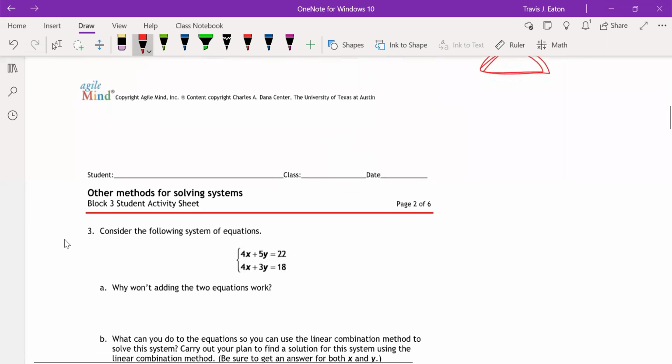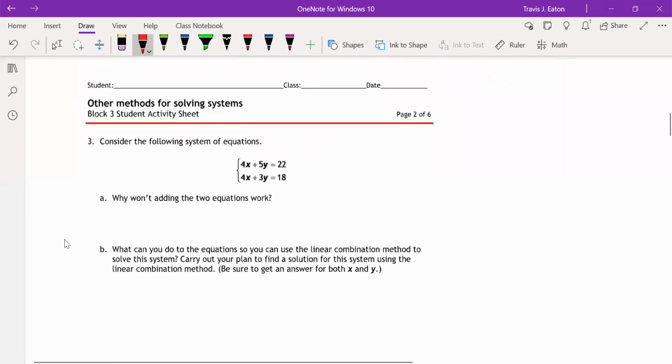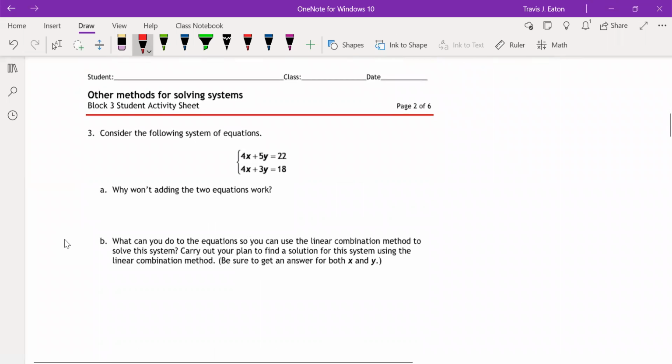All right, so now that takes us to question number 3, and we may have time to finish it before I run out of time, but we may not. But let's look at this system of equations right here. We have 4x plus 5y equals 22, and we have 4x plus 3y equals 18. Now, here's the problem with these two equations. We can't add these two things together.